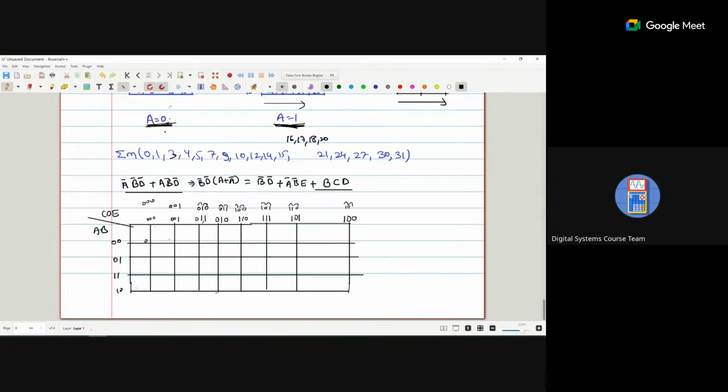So 0, 1, 3, 2, 6, 7, 5, 4, 8, 9, 11, 10, 12, 13, 15, 14, 16, 17, 19, 18, 20, 21, 23, 22, 24, 25, 27, 26, 28, 29, 31, and 30.